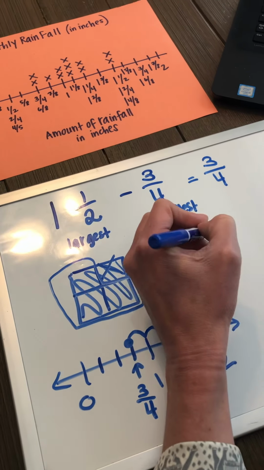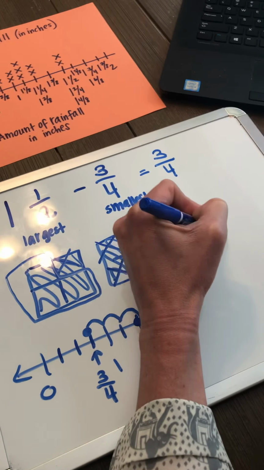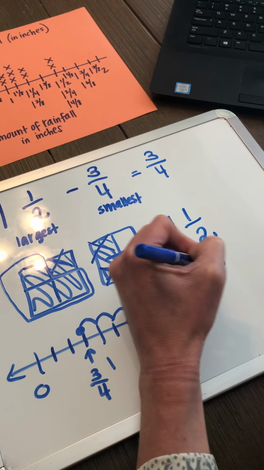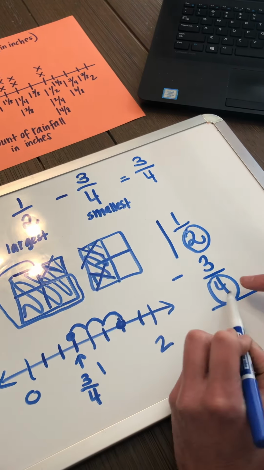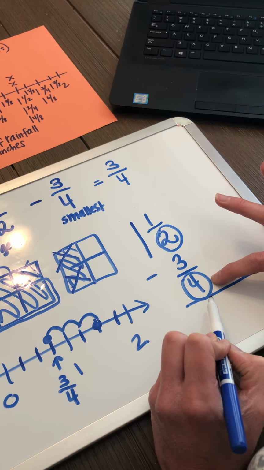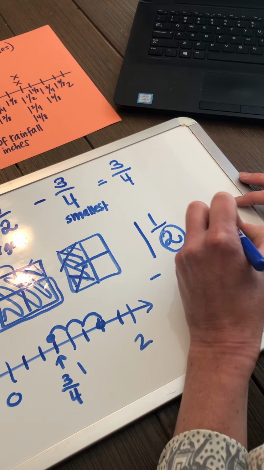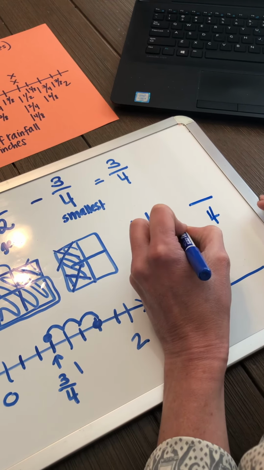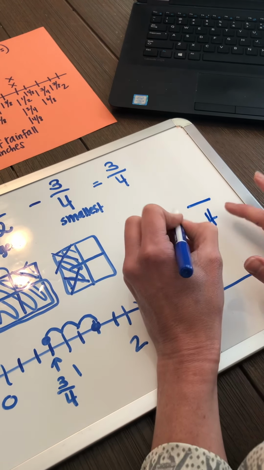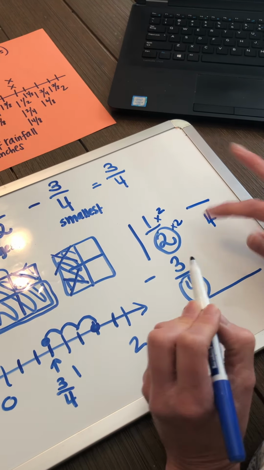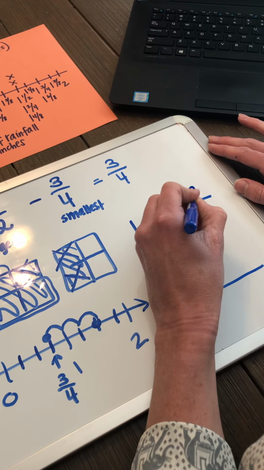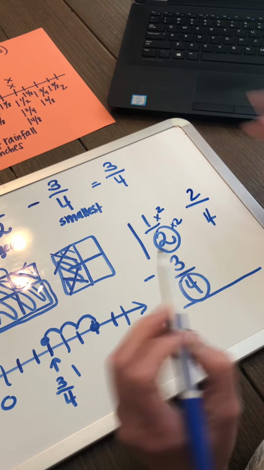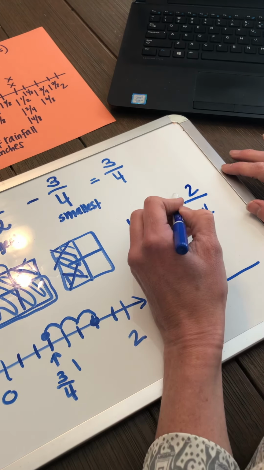The last way that you have learned how to do this is by creating a common denominator. And so I know that halves and fourths are related. I can make an equivalent fraction with halves to fourths by multiplying 1/2, the top and the bottom, by 2. And when I do that, I get an equivalent fraction. 1/2 is equivalent to 2/4.